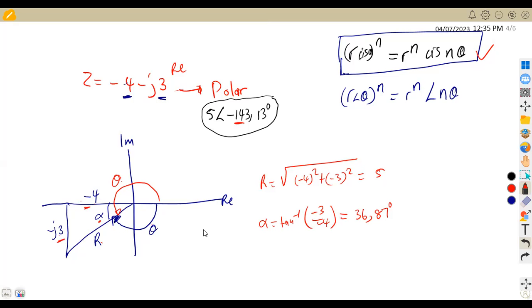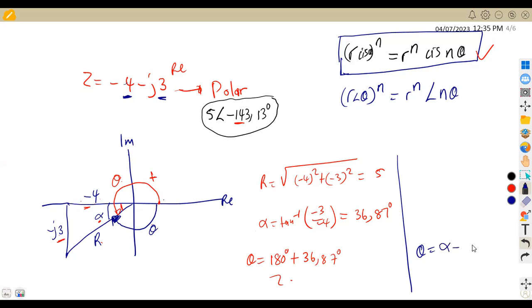So now the theta, depending on where you are taking it from. If you take this one, the positive angle, your theta is going to be 180 degrees for a straight line plus the alpha. It's in the third quadrant, so you add the alpha, 36.87. Or if you work with the negative angle, which is this one from this point up to this point, your theta is going to be alpha minus 180.